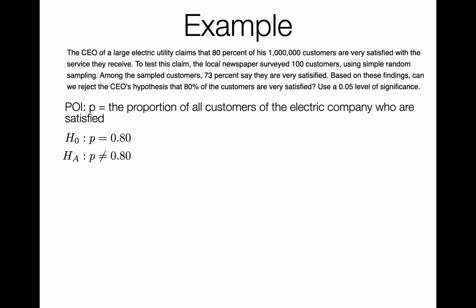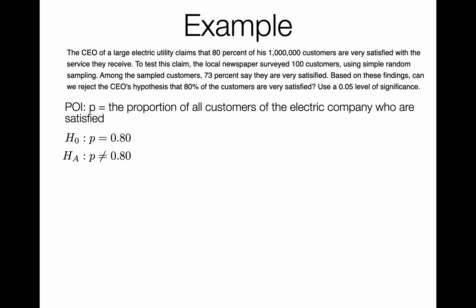We have to choose this before we actually look at the data. So I can't look at 73 and say, well, that's less, so the alternative hypothesis should be less. It doesn't tell me a direction, it doesn't say that the local newspaper thought that it was less than that.